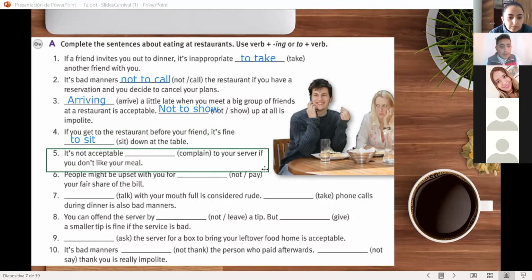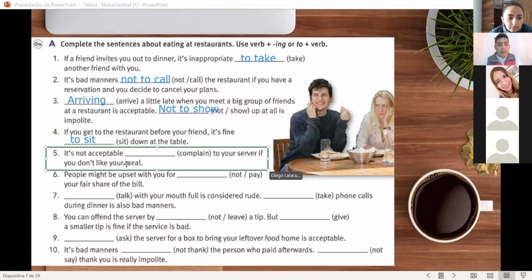Okay, let's see the statement number 5. Let's see from Erika. Please, Erika, help me with the number 5. Read and try to answer. No te escuchamos, Erika.